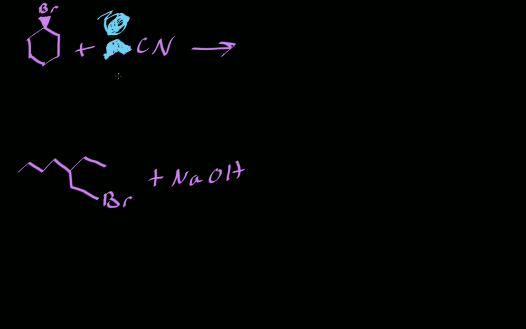So what this cyanide looks like is we have a C bonded to an N with a lone pair on the carbon. This carbon bears that negative charge. Now this carbon with the negative charge is going to attack backside to this bromine, and it's going to kick that off. So we represent our product like this: a dashed cyanide joining right there.